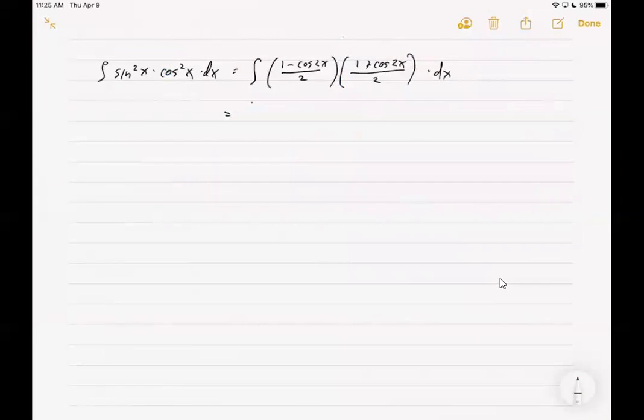One thing that's very nice to do is, you have 2 factors of 2 in the denominator, bring those out so we don't have to worry about fractions. And then you have a product of a minus b times a plus b. So when we FOIL that, we should get the difference of squares.